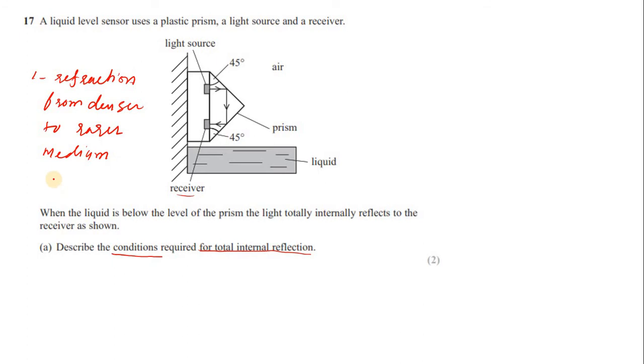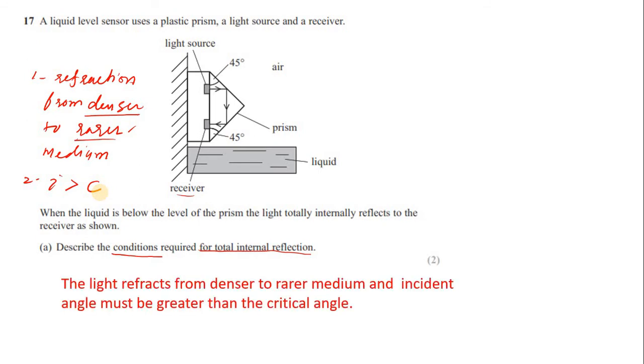And the incidence angle is greater than the critical angle. This is the second condition. Because for refraction from rarer to denser, we cannot have total internal reflection. Instead of denser or rarer, you can say from high refractive index medium to low refractive index medium. And yes, the second condition, the incident angle must be greater than the critical angle in order to observe total internal reflection.